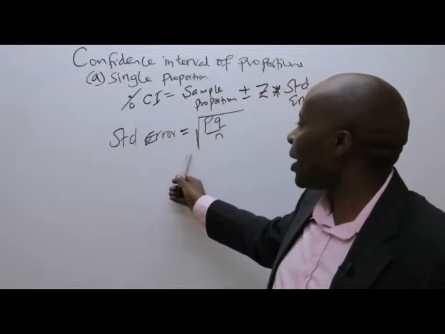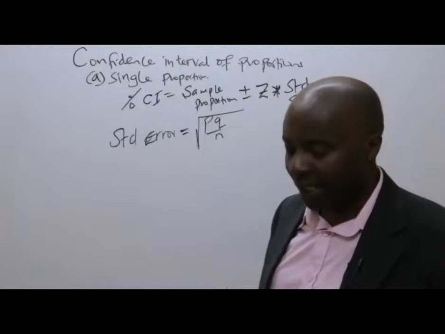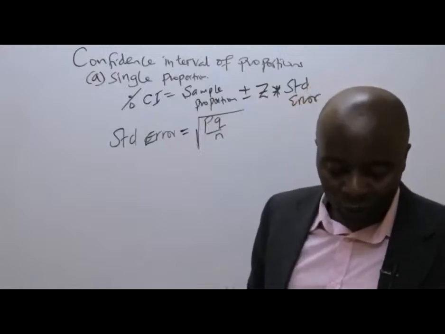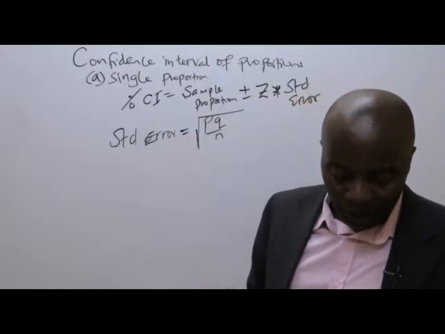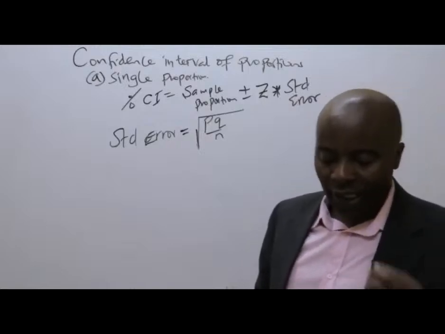The standard error equals the root of P times Q all over N. For you to understand what P stands for and what Q stands for, let's look at an illustration.